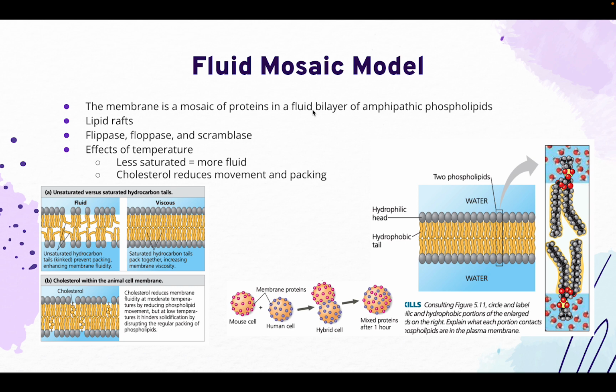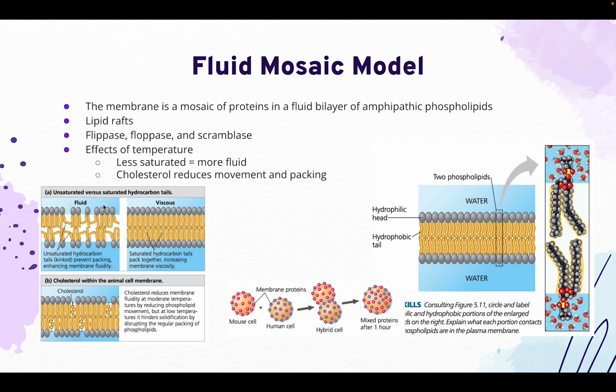When we mention that it's a fluid bilayer, that means it's moving a lot. And the way it moves is actually affected by temperature. So, when you've got less saturated phospholipids, you have a more fluid bilayer. Hopefully this makes sense, because when you have less saturation, as you can see in this picture, your lipids aren't going to be able to pack as tightly.